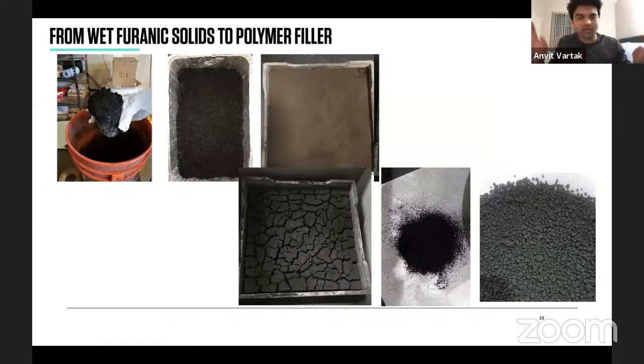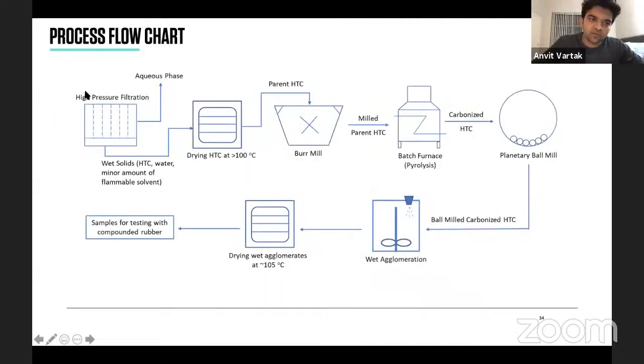It's not those functional groups that were binding them together, but it's only water, which is driven off in a very easy drying process, and then added to your rubber, which now gives you all the properties that you need. And now we formed a like-for-like product, which successfully replaces carbon black that's made from crude oil. And that's it. This is the flow chart that we now come up with, as I explained.